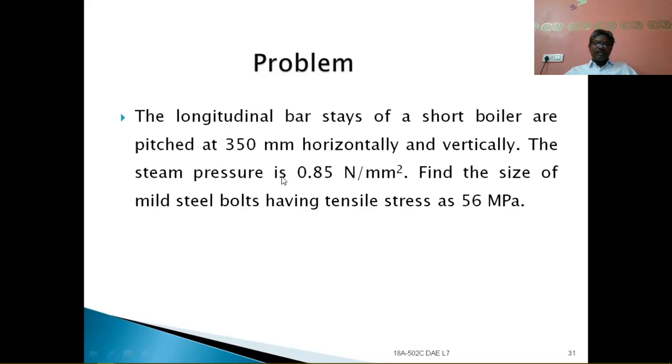Then the steam pressure is 0.85 Newton per millimeter square. After getting the plate area and the pressure, we are going to get the load acting on the boiler stay. Then find the size of mild steel bolts having a tensile stress of 56 megapascals. Right? Let us see the solution.